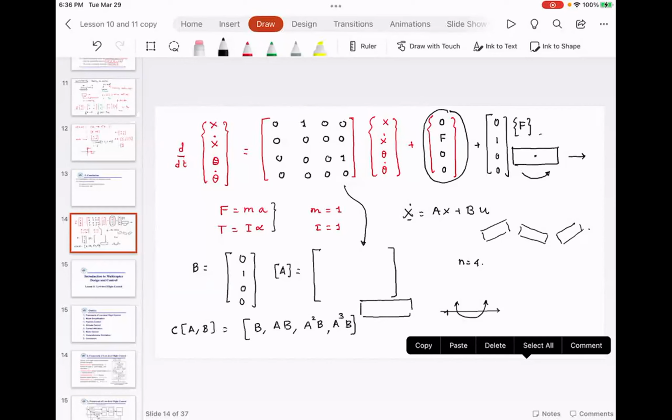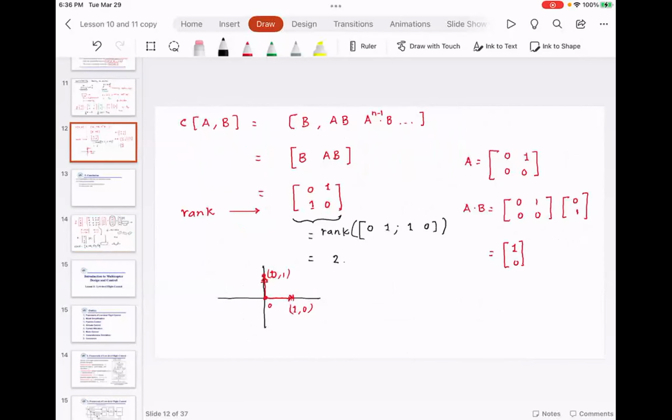Everyone understood this? And again, if you want to look at the definition of controllability in terms of the vectors that we talked about, what that means is 0, 1 and 1, 0. It tells you the domain of application of that external function.